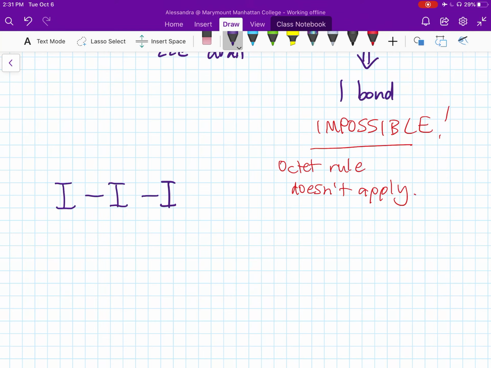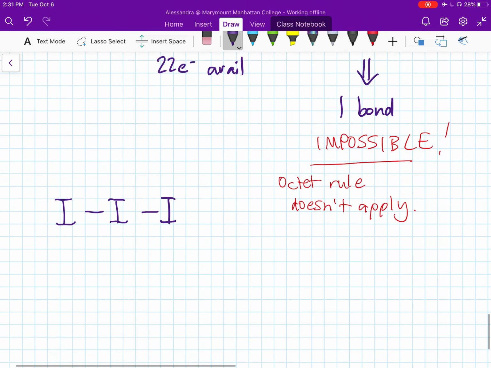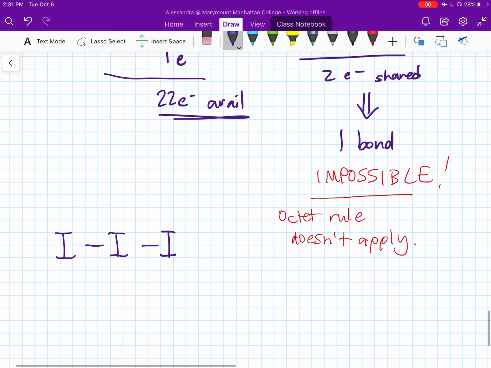So I have 22 electrons available, as I calculated before. And I need to figure out how to arrange them.